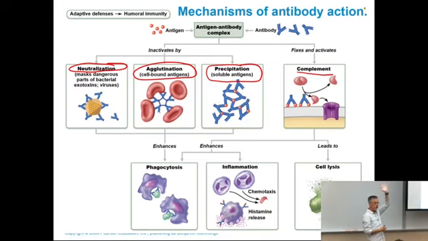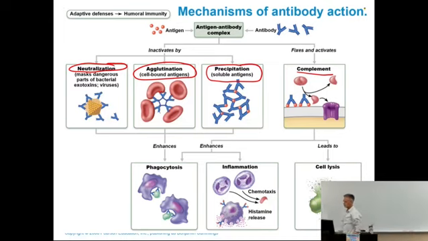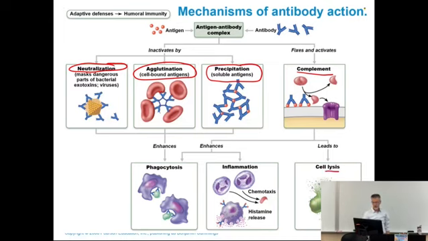They can act as a flag, if you will, helping to bring in those complement proteins and starting that membrane attack complex. So they can work with complement that can lead to lysing a cell, causing it to explode, killing off that agent. And then also they help in things like phagocytosis and inflammation.